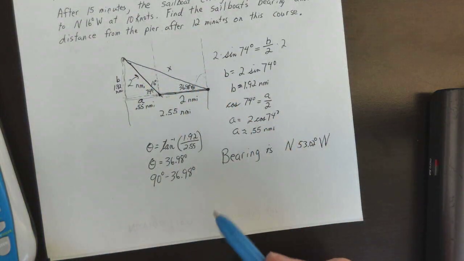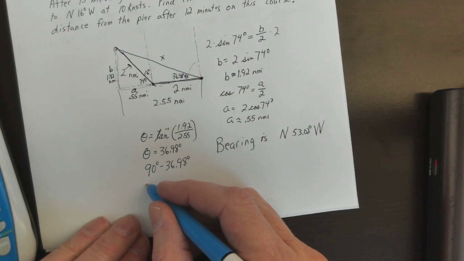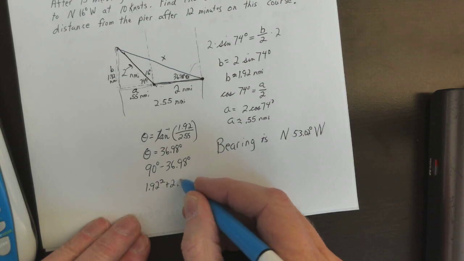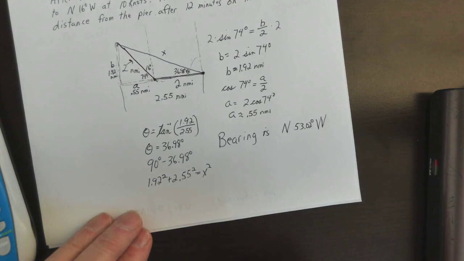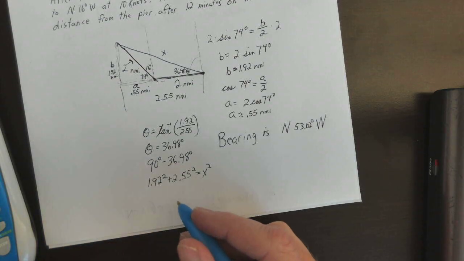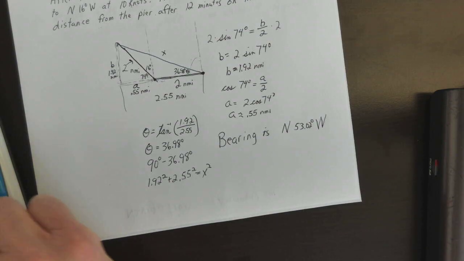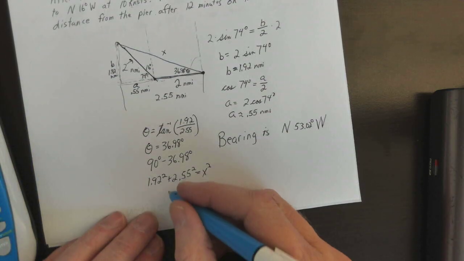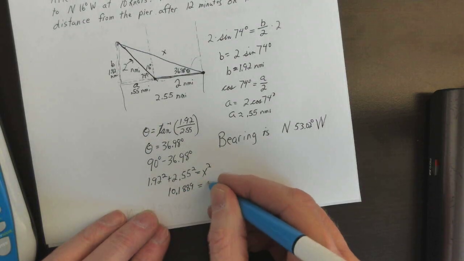And the distance, the nautical miles there, I'm going to use Pythagorean theorem for that. I'm going to take 1.92 squared plus 2.55 squared to get x squared. And that's 10.1889 equals x squared.